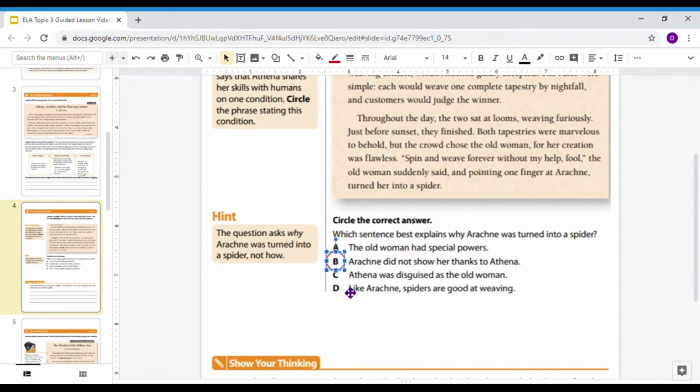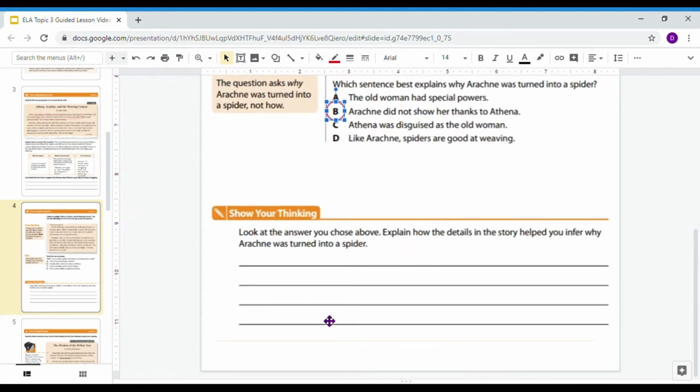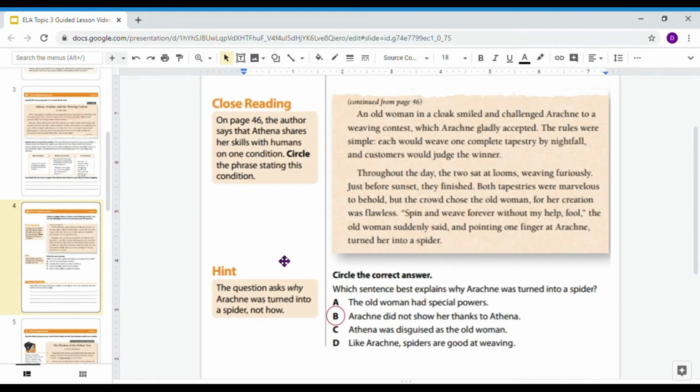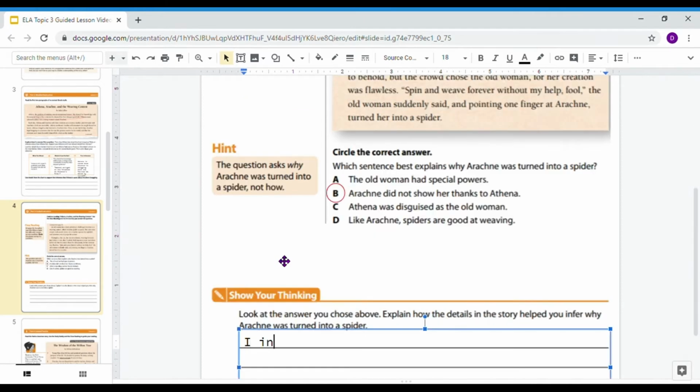Look at the answer you chose above. Explain how the details in the story helped you infer why Arachne was turned into a spider. So when I'm looking at this, I inferred that Arachne was turned into a spider because she did not show her thanks to Athena.